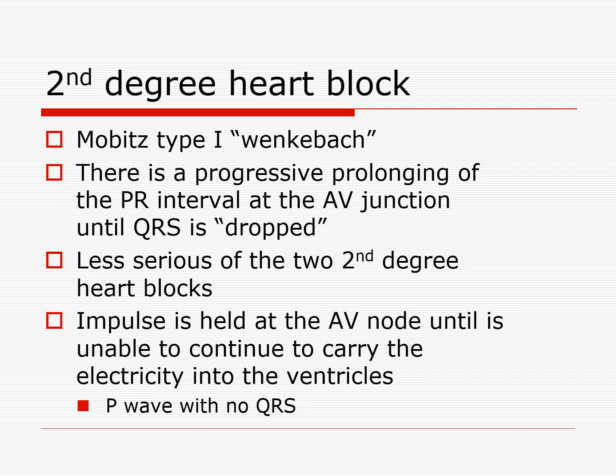All right, so now we're going to look at second degree heart block. Back to our little story, second degree block type 1. There are two types of second degree block, type 1 and type 2, but they're both second degree. This is second degree type 1, which is your Wenckebach.